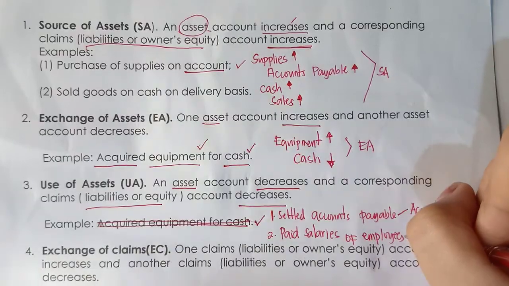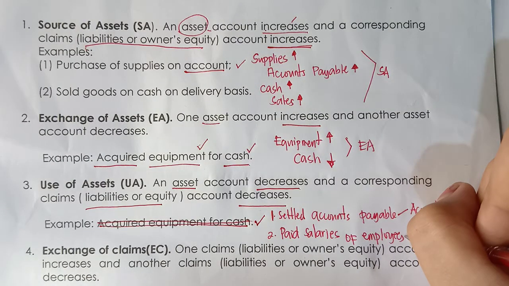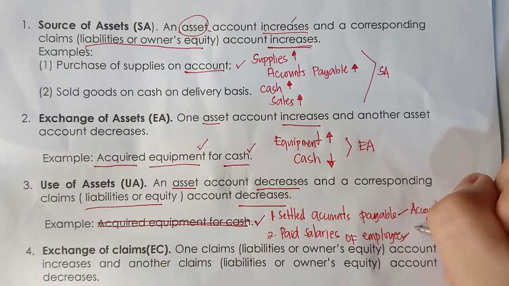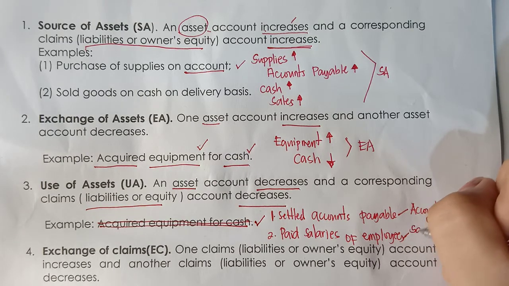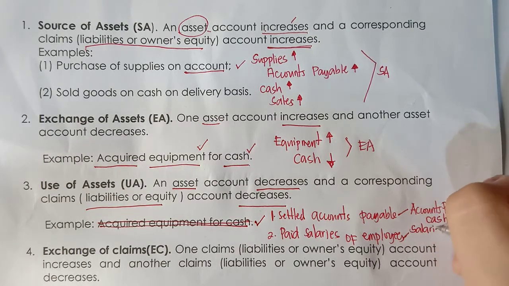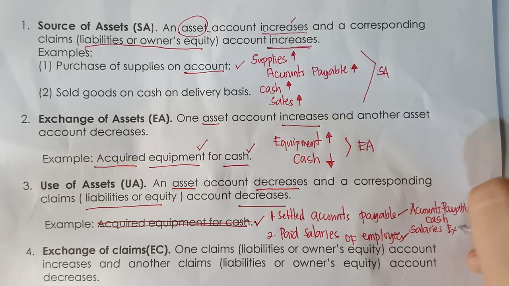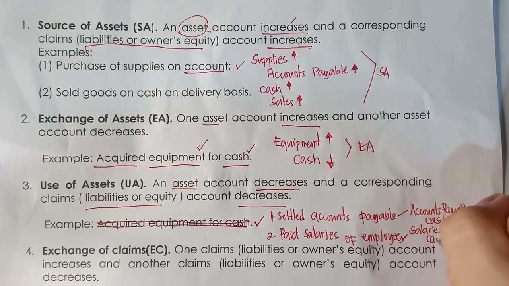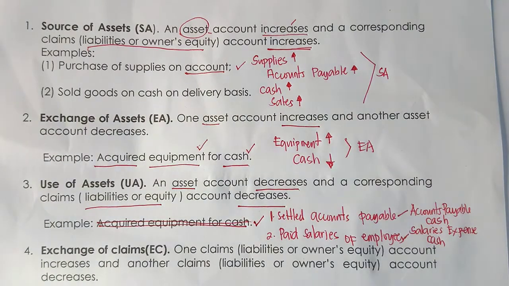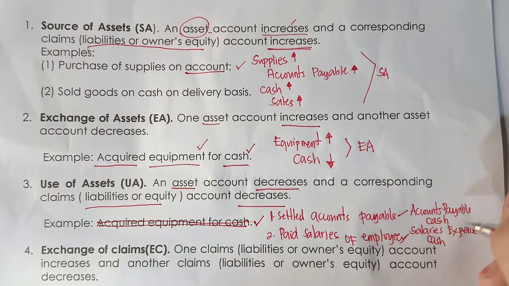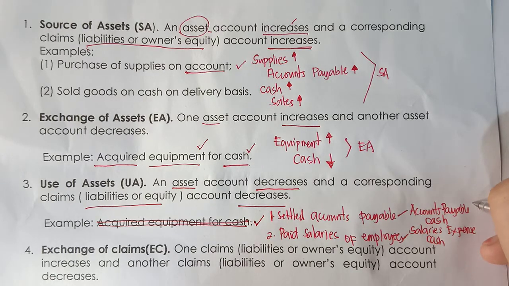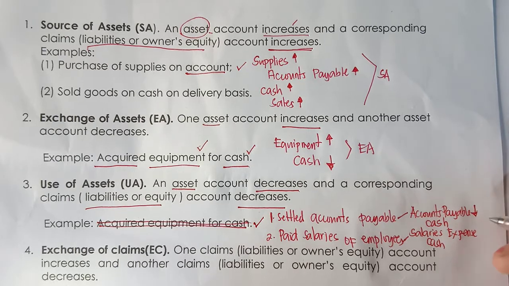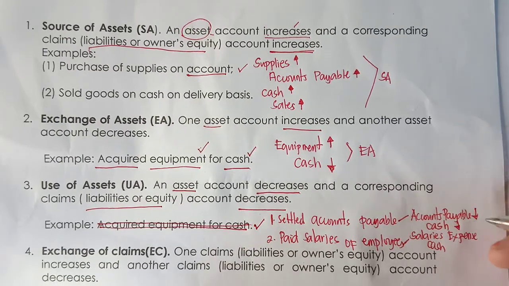Okay? So here, in the second transaction, paid salaries of employees. So when we say paid salaries of employees, we have to debit salaries expense and credit also cash. Okay? So here in the first transaction, the accounts payable decreases and the cash also decreases.